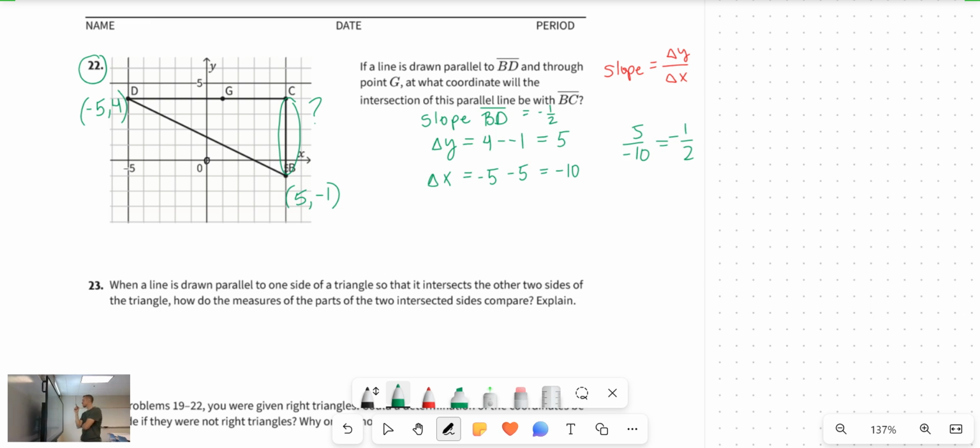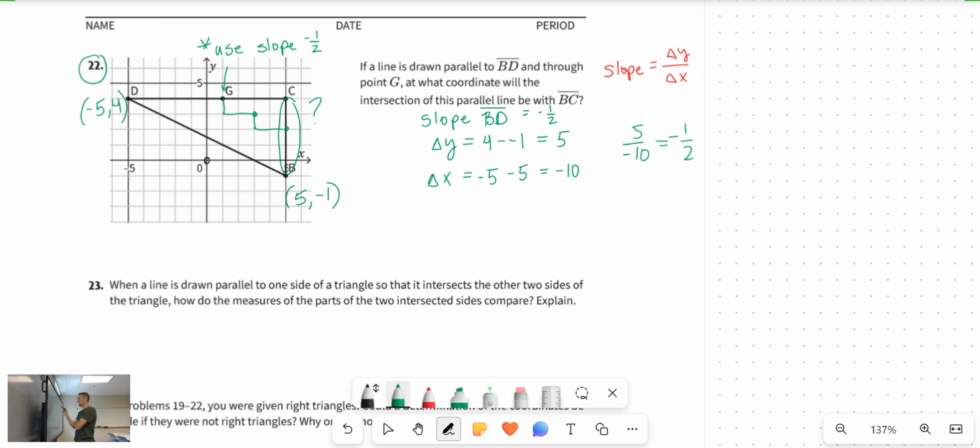All right. So now from point G, use the slope of negative 1/2, right, from here. So we're going to go down 1 and over 2. And we have hit the point.